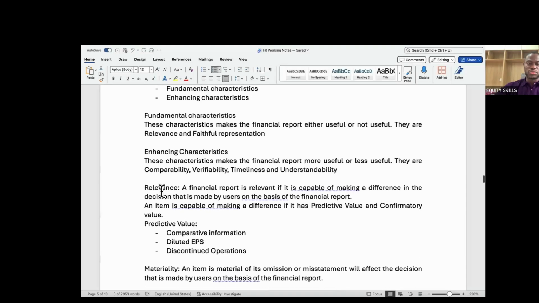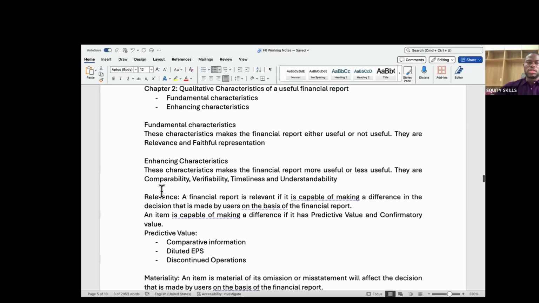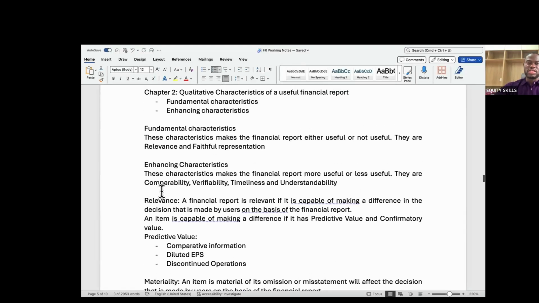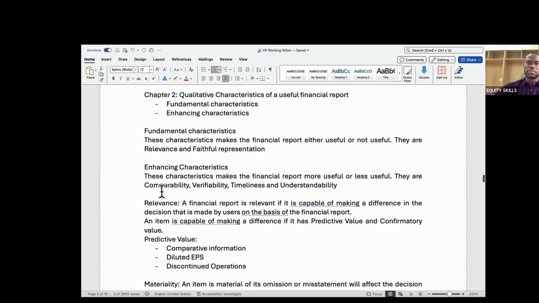We moved on to the qualitative characteristics of a useful report. We looked at fundamental and enhancing. We said the fundamental characteristics are two: relevance and faithful representation.